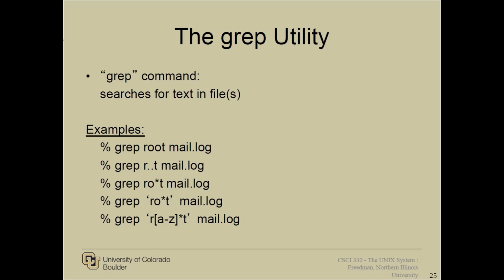That's going to search for the string root in mail.log. Now, if we look all the way at the bottom, the second one from the bottom, RO star T, that's using a normal wildcard. And then the last one's actually using a regex expression with a wildcard.